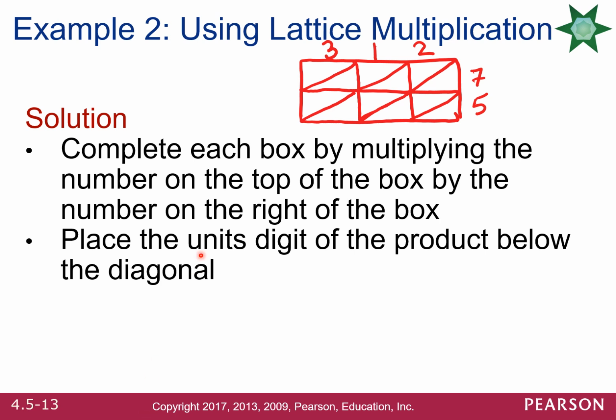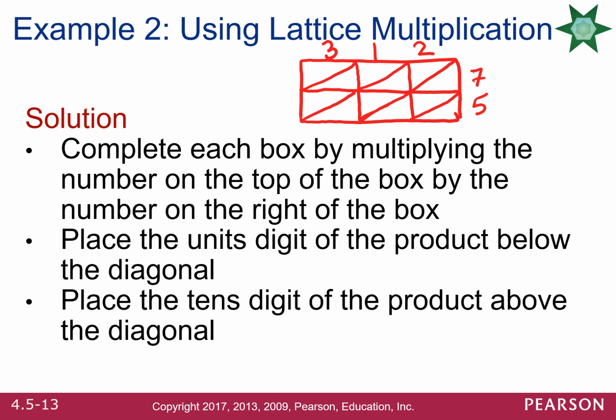It says place the units digit of the product below the diagonal and place the tens digit of the product above the diagonal. So 3 times 7 is 21.